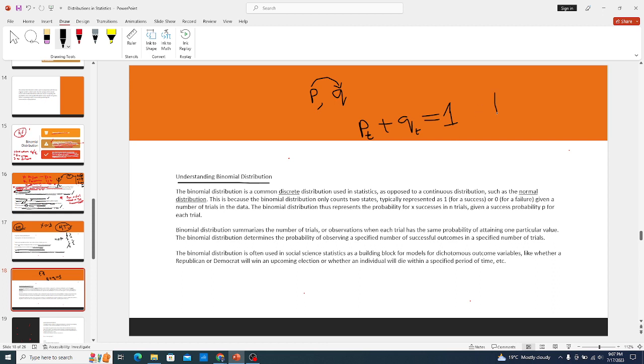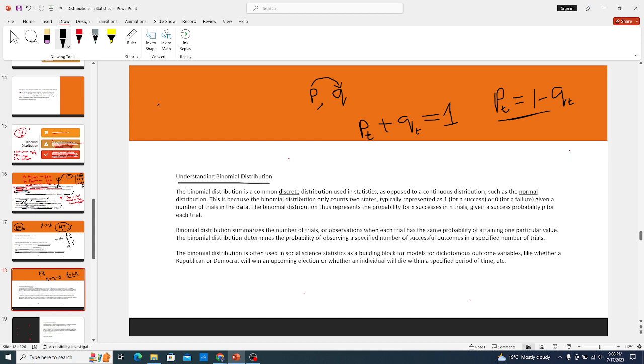Meaning, the probability of living to the next t years is equal to 1 minus the probability of you dying after t years. Yes, so basically this is the probability.